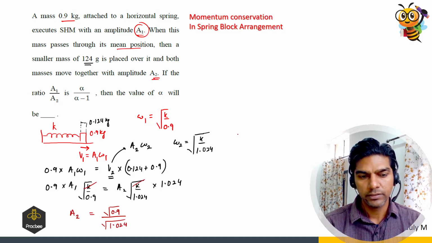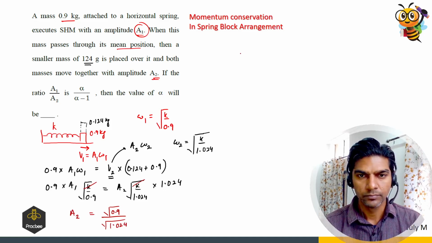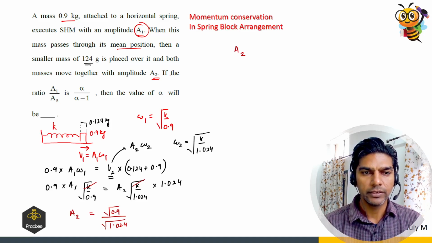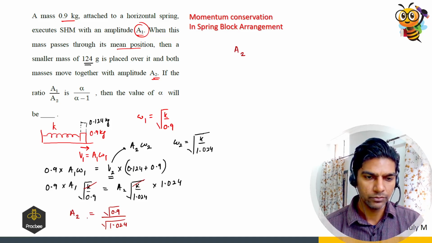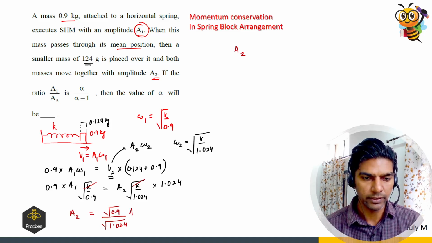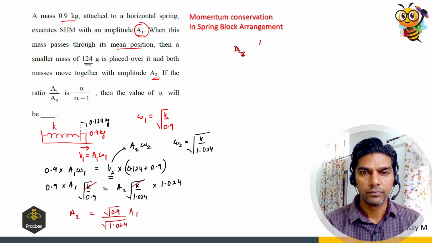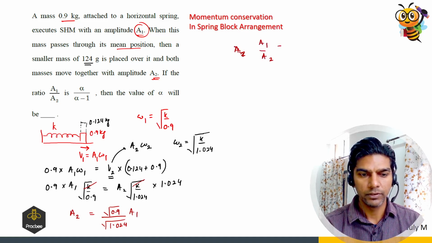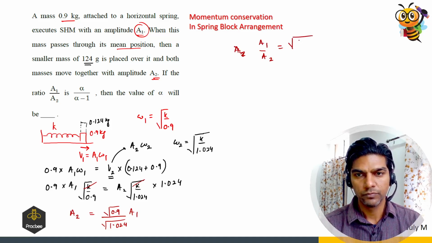Let us simplify this, and we have to find the ratio. A2 is equal to root of 0.9 upon root of 1.024 times A1. So A1 by A2 will be root of 1.024 divided by root of 0.9. I hope this is clear.